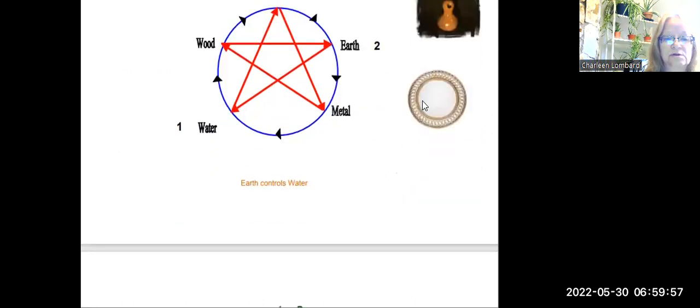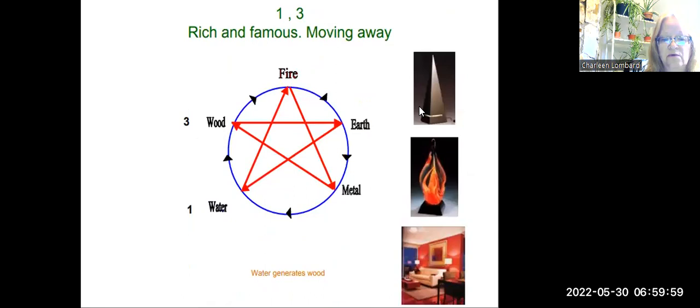So I'll just continue. For the number 1 and 3, say you had a 1 and a 3 in the room. So you have a water element and a wood element. The number 1 water is actually producing wood. So water feeds wood. So it means that you would have good energy in this.